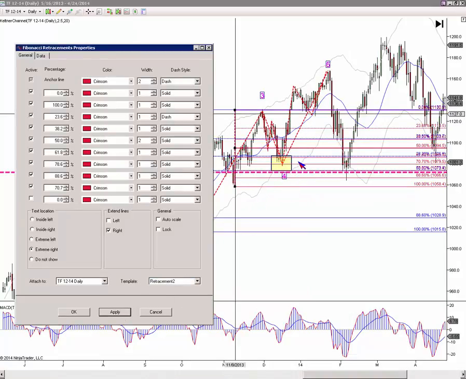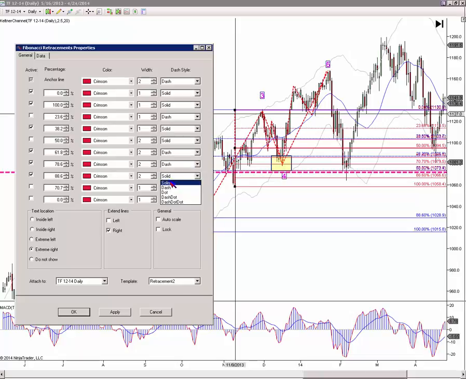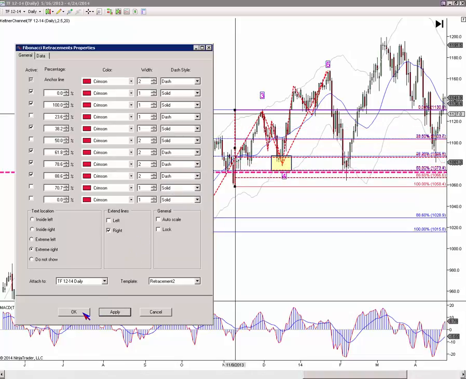So we look and we can see the 618. All right, looks like a 618 was important. 786. And we'll just do some dashes, okay? Gives us an idea where we are in the structure.